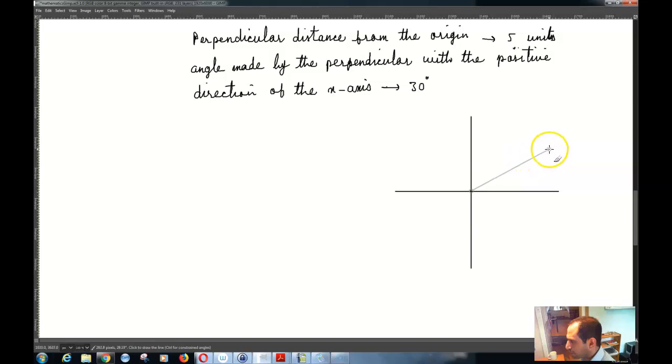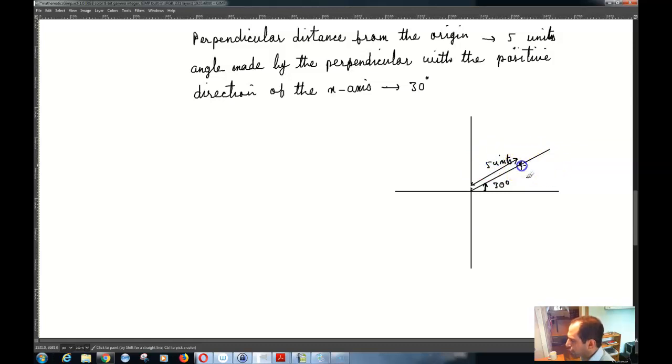Let's suppose this distance over here is 5 units.